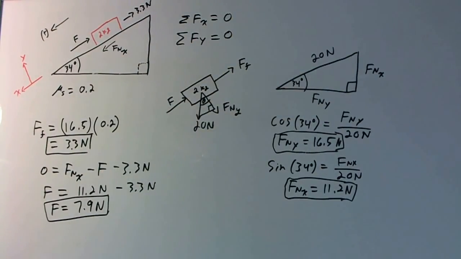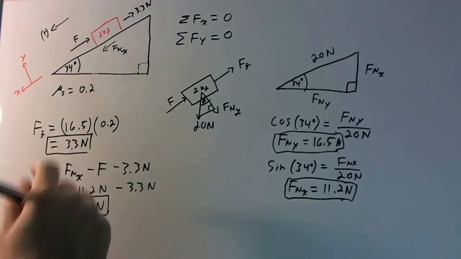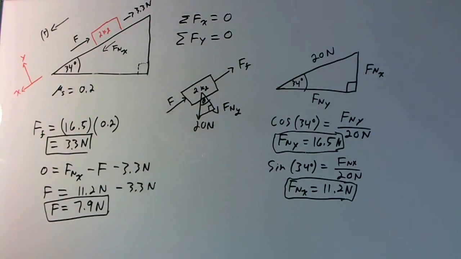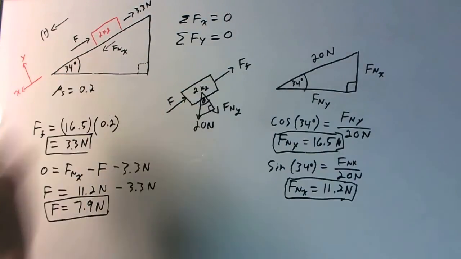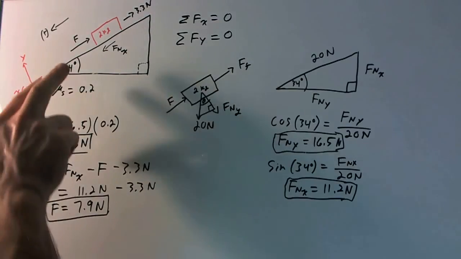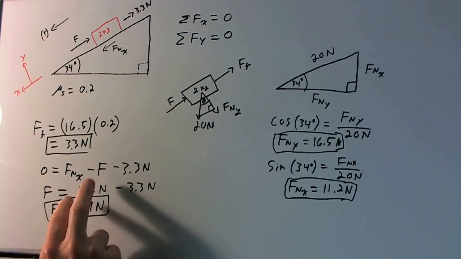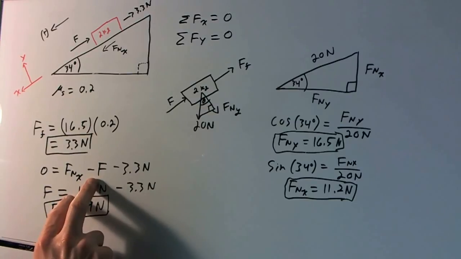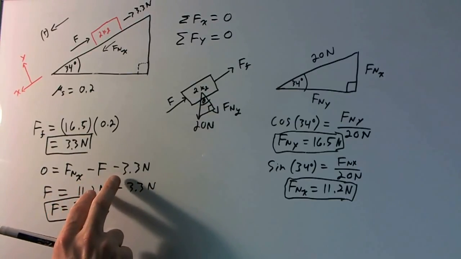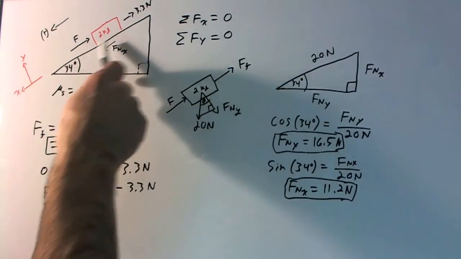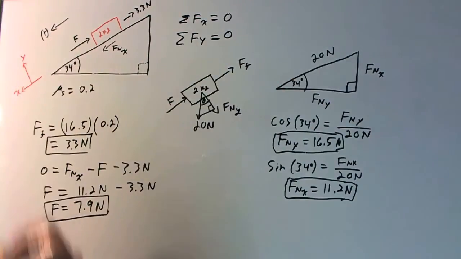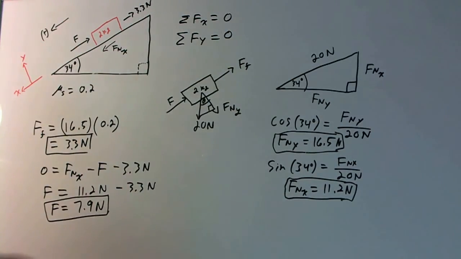So, if we take down the incline as positive, you'll get the x component of the weight, I should say, and then subtract from that the force that's required to keep the block from moving, and then subtract also the force of friction, right, because this is going in the positive direction, the others are going in the negative direction, so that's how you get the sign. If you define up the plane as positive, you get the same answer. But in this case, I define down the plane as positive.